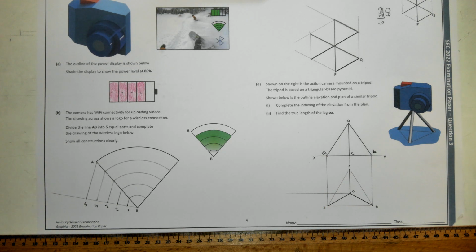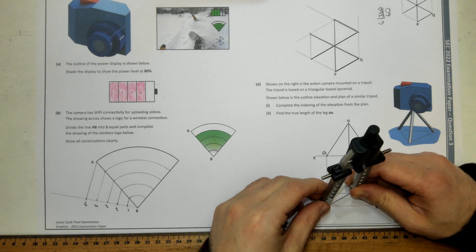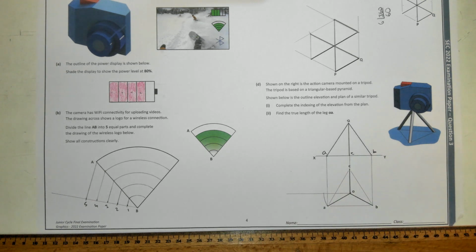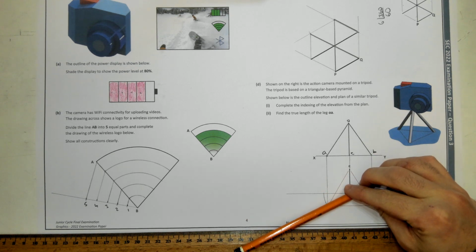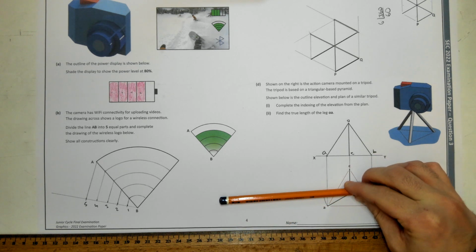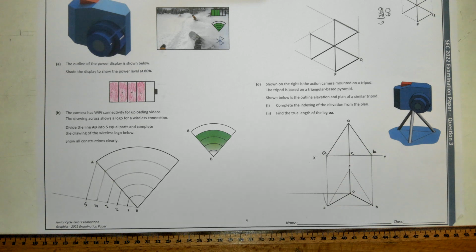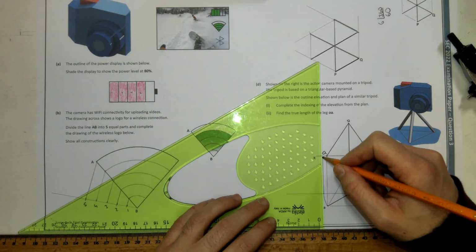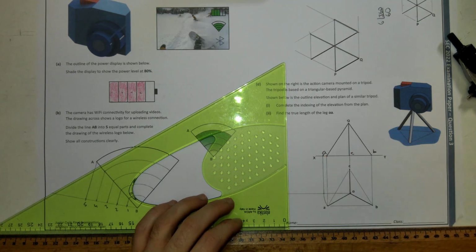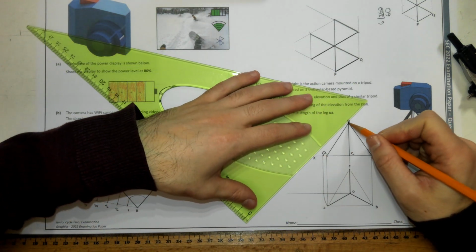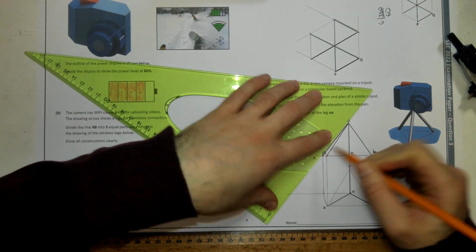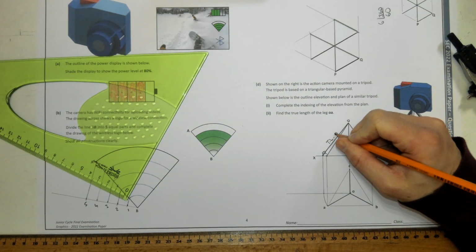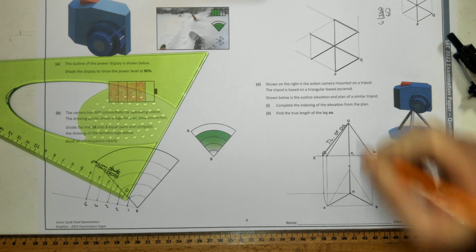So what I want to do now is take the length of OA in plan and rotate it around. So I'm taking that and turning it around so that it's parallel with the XY line. I take A up in its new position up to here, and I connect it back to O. That now gives me the true length of OA.